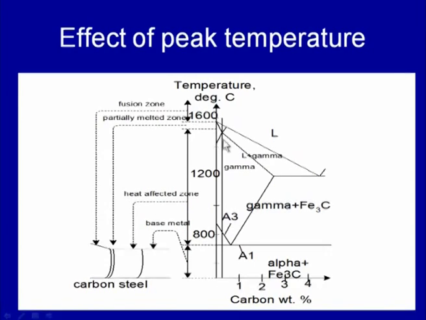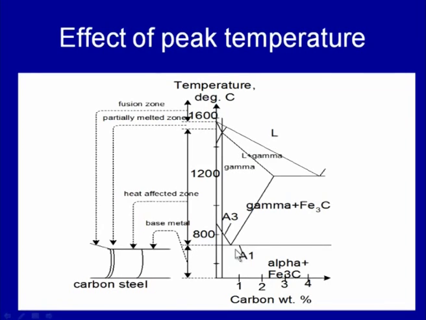We know that for pure iron, melting takes place generally at about 1540 degree centigrade, and so all regions falling above this will be in the weld region, while all the regions which are below the lower critical temperature will form the base material, where no change in the metallurgical properties of the base material takes place.